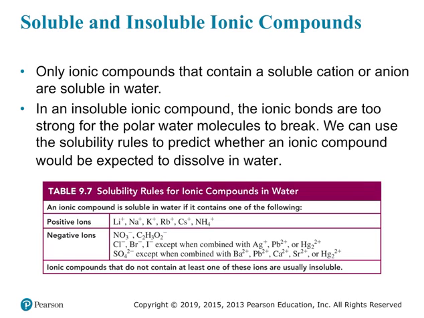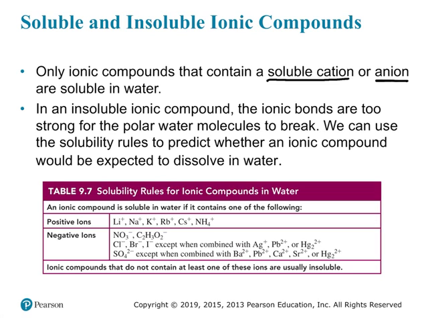All right, so that brings us to soluble and insoluble ionic compounds, which we talked about last week, but we'll talk about it again just to make sure we all understand it. Only ionic compounds that contain a soluble cation or anion are soluble in water. And down below we have a table that summarizes some rules that chemists were able to come up with for these different cations and anions.